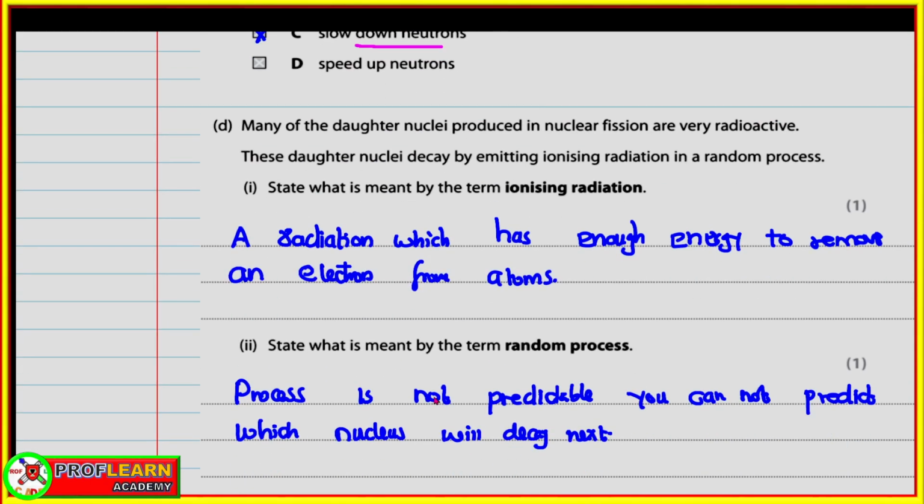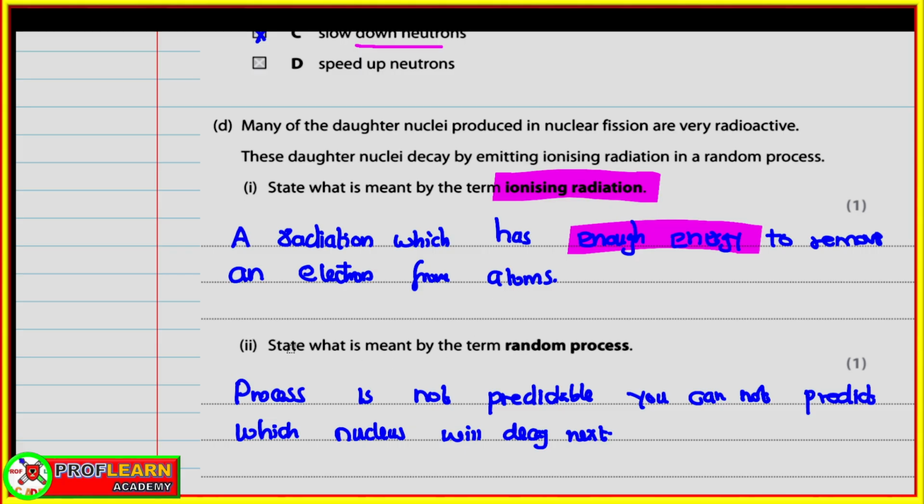And then we have a question where you were supposed to state what is meant by ionization, or ionizing radiation. Ionization is the removal of electrons from an atom. But ionizing radiation is a type of radiation which has enough energy to remove an electron from atoms to form ions.